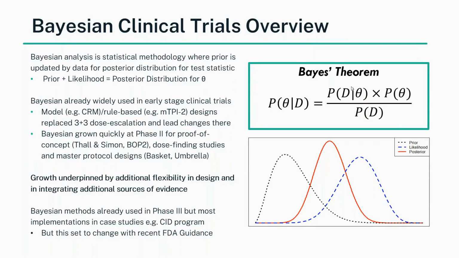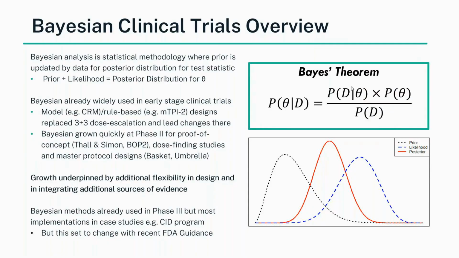There are lots of other practical reasons why Bayesian statistics has gained increasing popularity, especially its flexibility in terms of, say, continuous monitoring, and especially its ability to integrate previous data via the prior mechanism, rather than being a bit more rigid as in the frequentist framework. And so, I think we've already seen a huge growth in Bayesian methodology, especially in early stage clinical trials.